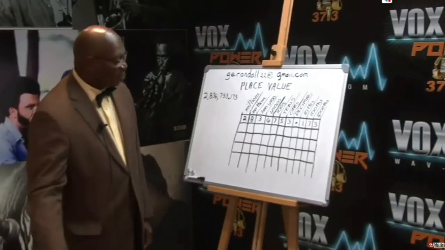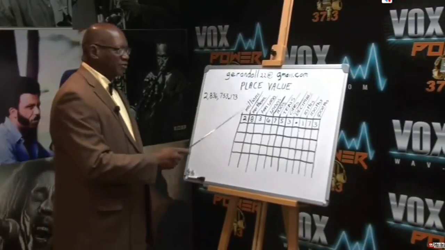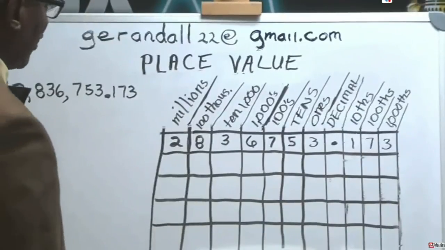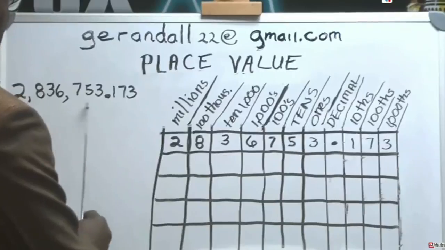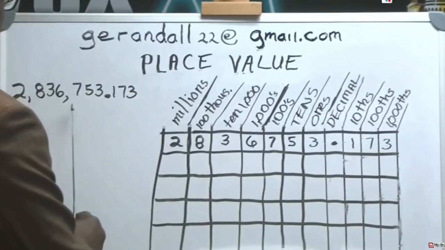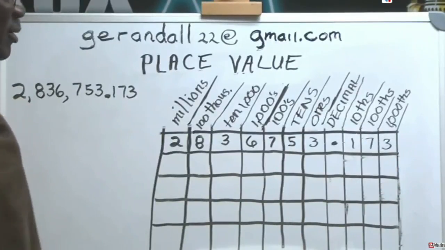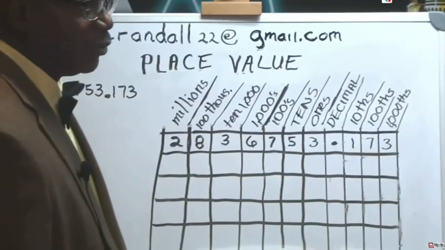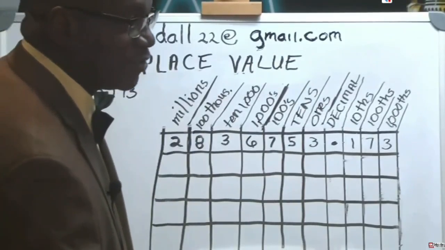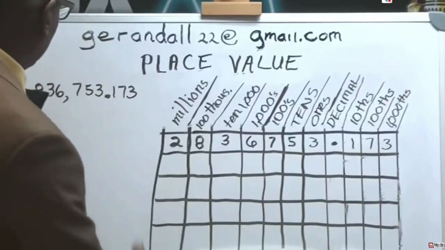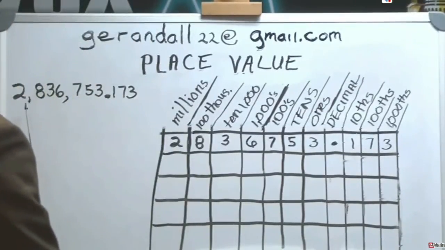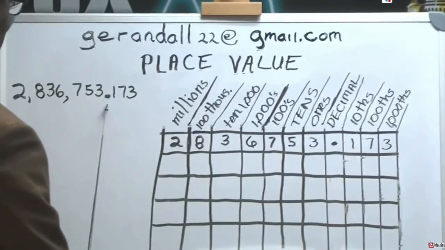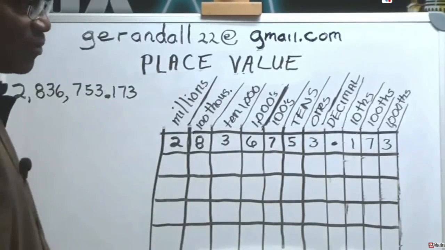Today's topic, we're going to talk about place value. And place value identifies how to pronounce each portion of this number. Oftentimes, we speak of six-figure incomes. Well, today, we're looking at 7 figures, a decimal, and 3 more.